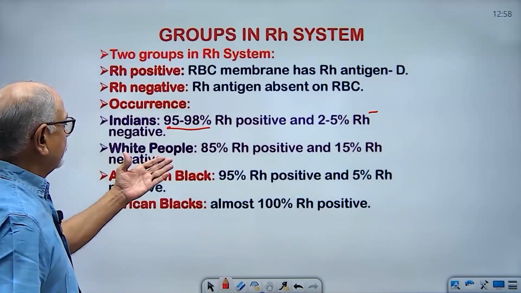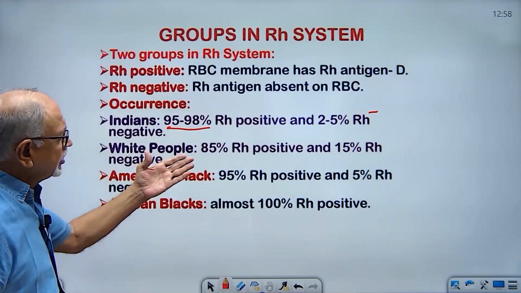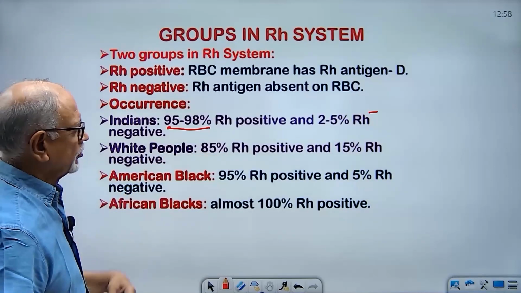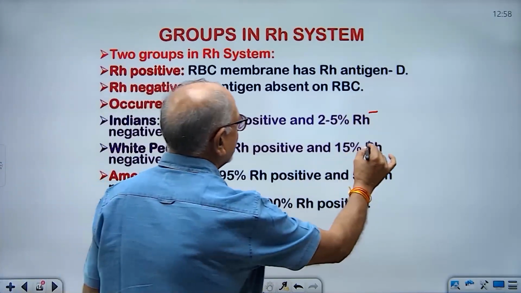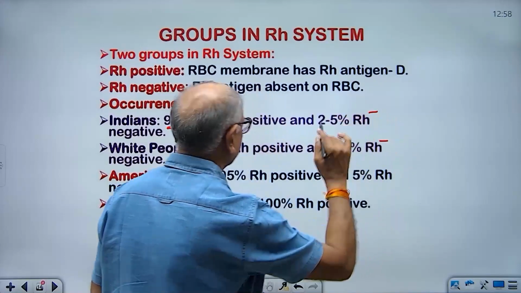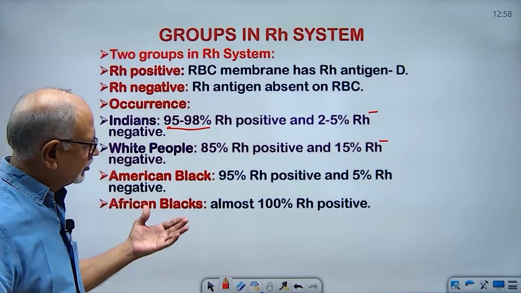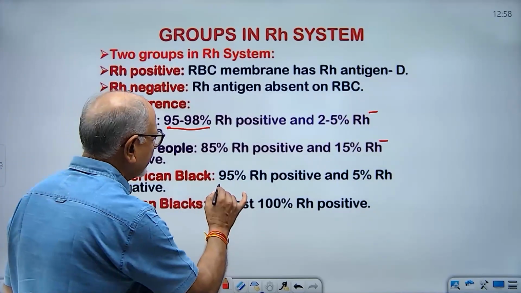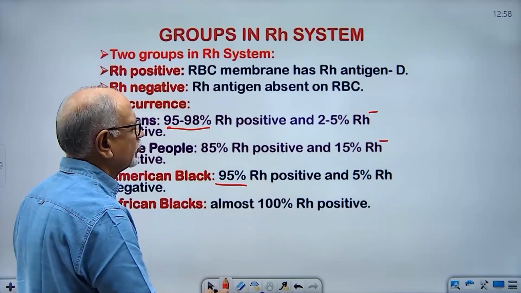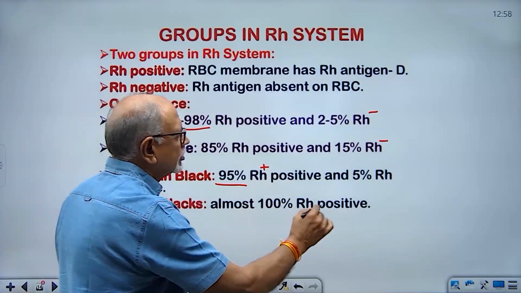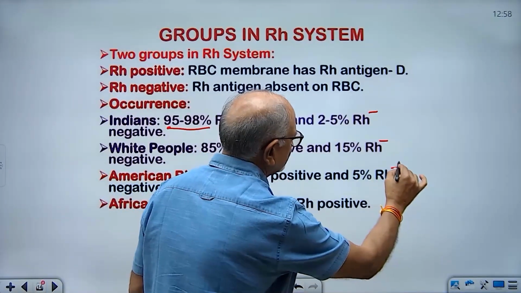In case of whites, 85% are RH positive and 15% are RH negative. In case of American blacks, it is similar to Indians. About 95% people are RH positive and 5% are RH negative.